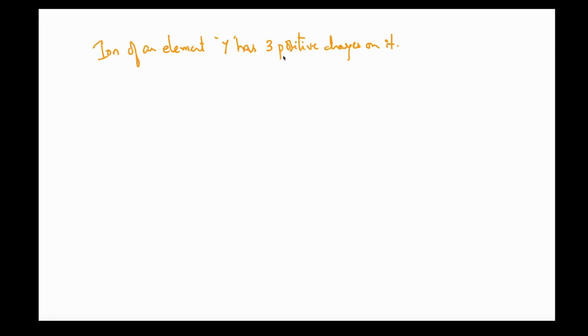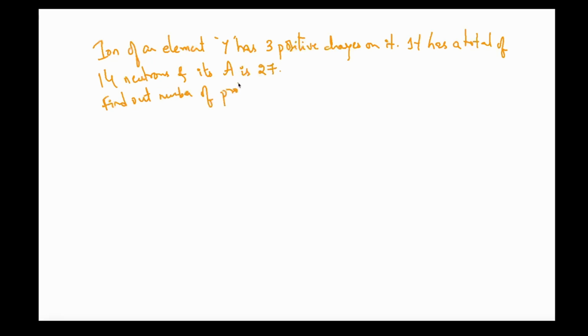They've also given that it has a total of 14 neutrons, and its mass number, which is designated by A, is 27. Now find out the number of protons and electrons present in the element Y.